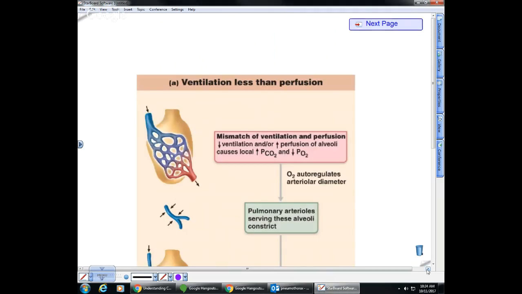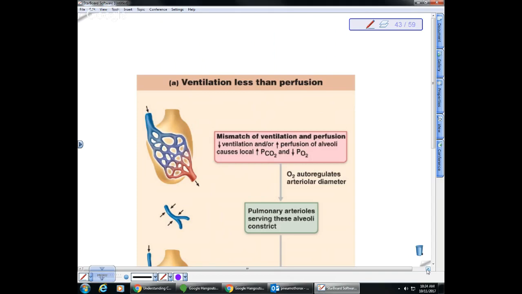So let's say that there's a mismatch. So let's say that the air is not going to the place where there is blood. And so there's parts of the lung that are getting a lot of blood, but there's no air.